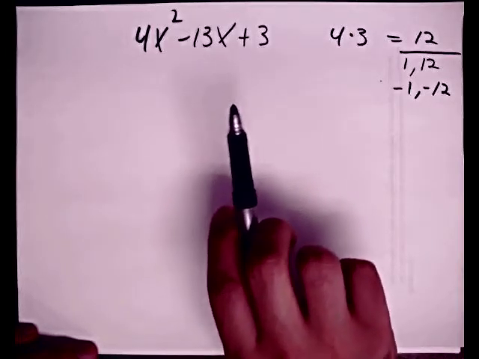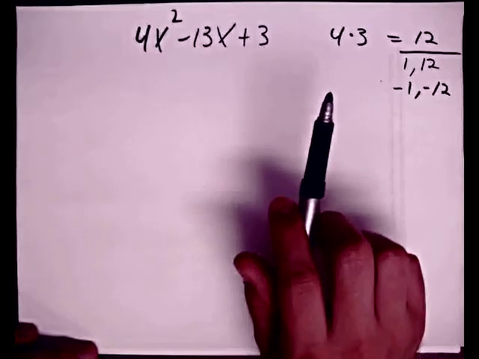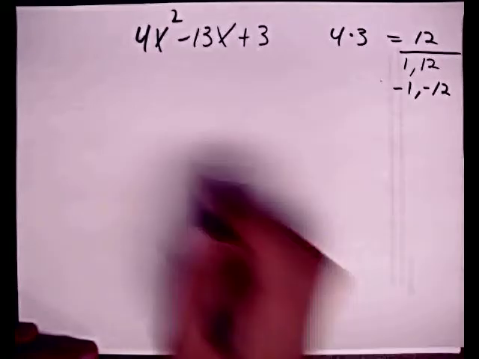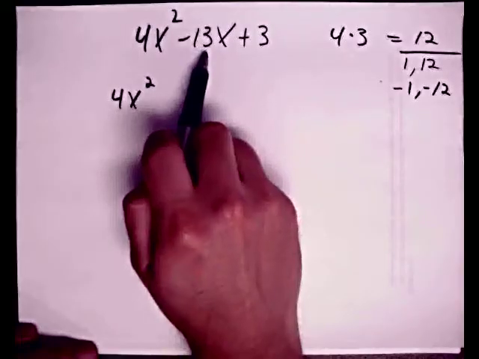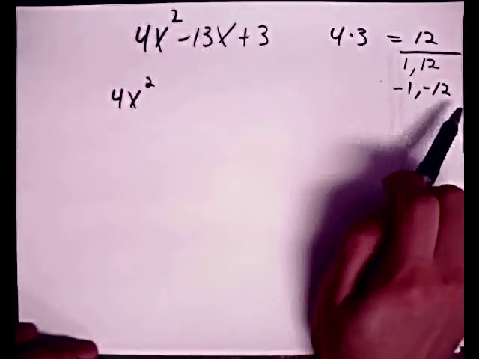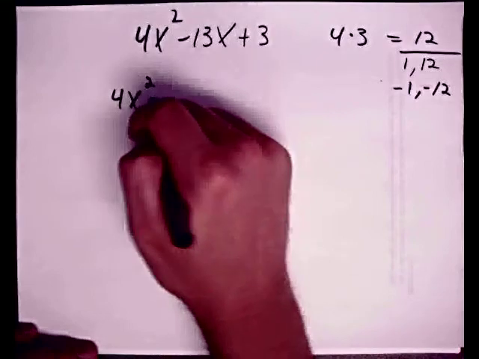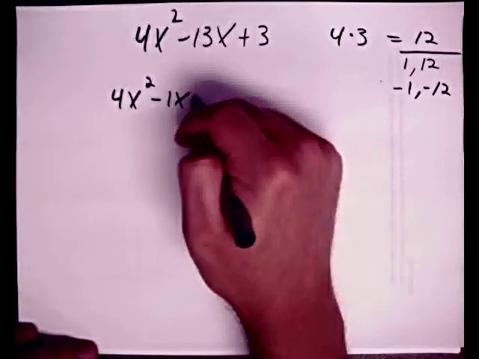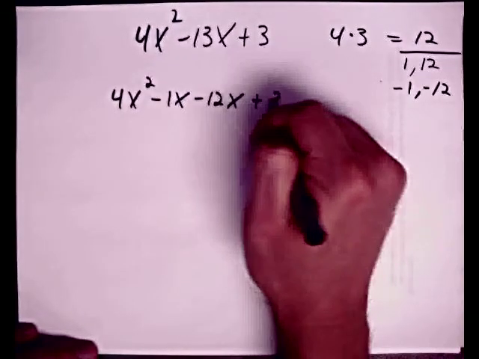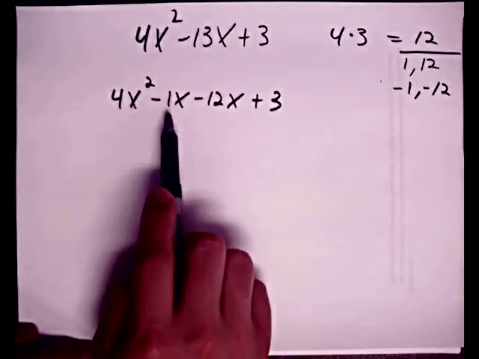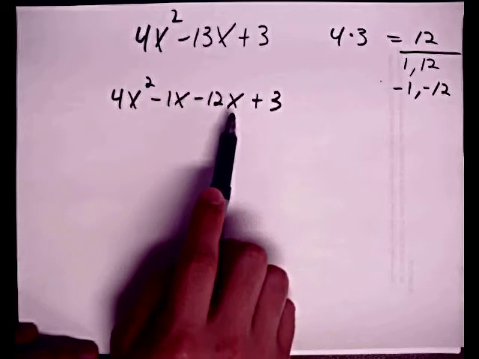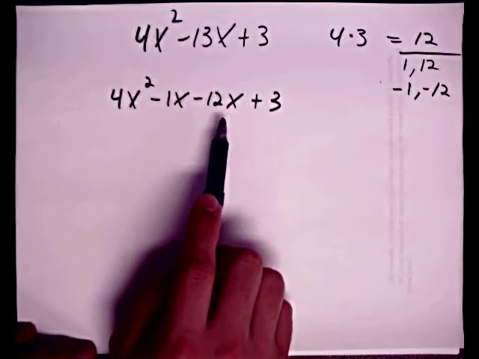So we want to move now to step 3, rewrite as 4x squared. Instead of negative 13, we're going to use negative 1 and negative 12. So minus 1x minus 12x plus 3. And the order is not important. If you switch these around, negative 12x and minus 1x second, that's fine. You'll get the same answer in the end.